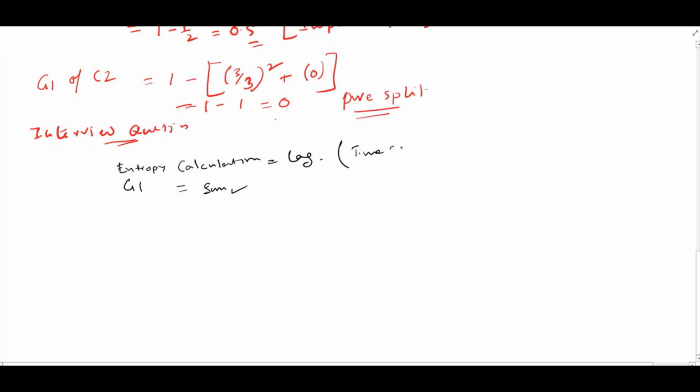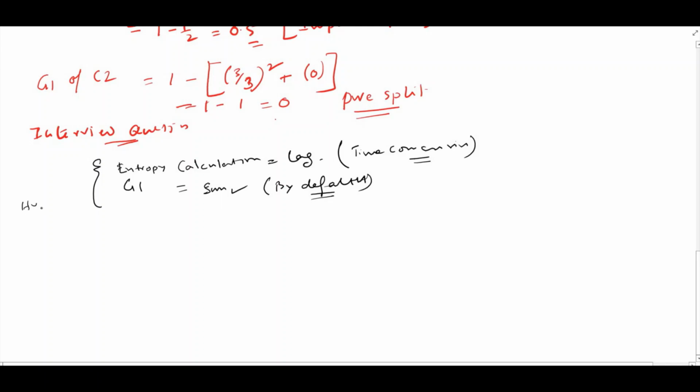And by default in sklearn, we are using Gini.